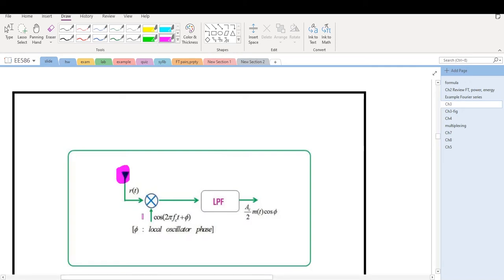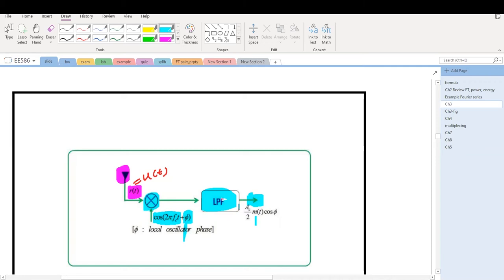This is a demodulating scheme for the DSBSC signal. This is a receiver antenna. The received signal r(t) equals u(t) because we're assuming the channel is ideal. So at the receiver, we multiply by the same carrier frequency fc. But at the receiver, there may be a local phase shift, so we include a phi here. Then after the multiplier, we do a low pass filter.